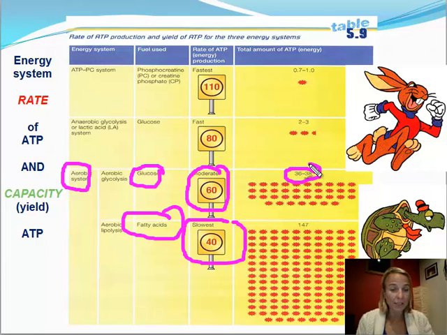Carbohydrates give you about 36 ATP, whereas fats give you about 147. But because triglycerides have 3 fatty acids, it's 147 times 3, which gives 441 ATP. So as you can see, with fats the yield is huge, but it has the very slowest rate.